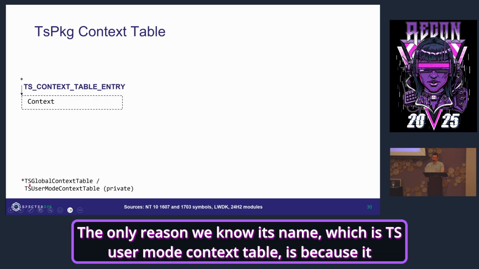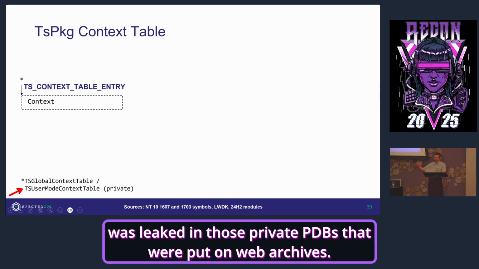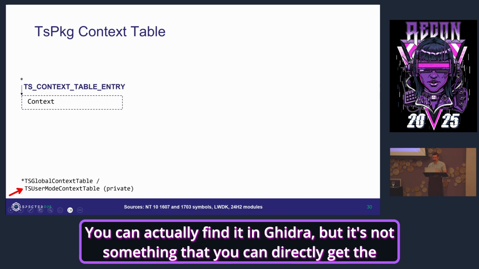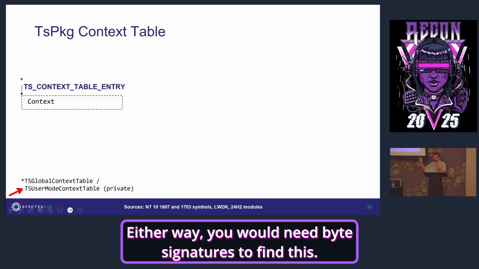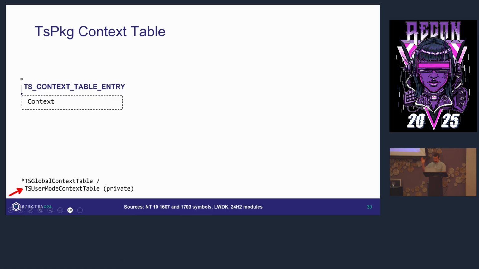The only reason we know its name, which is TSUserModeContextTable, is because it was leaked in those private PDBs that were put on web archives. So we know the name of it. You can actually find it in Ghidra, but it's not something that you can directly get the offset of from, again, public symbols. Either way, you would need byte signatures to find this.